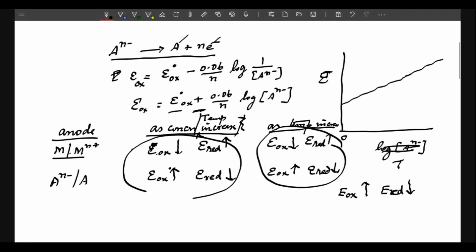They will confuse you like this. But keep it in your mind, and using this, you can tell the answer for this question. Now we will see one or two numerical problems in this section. And after we see this numerical problem, we will go for the next application of electrode potential. We will take one or two numerical problems because all other problems will be one and the same.